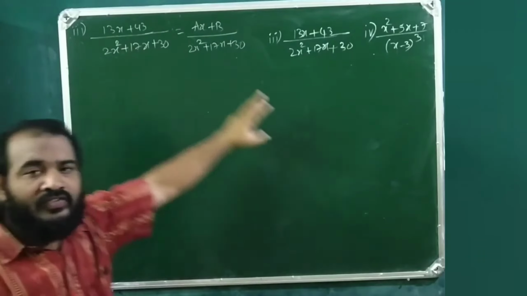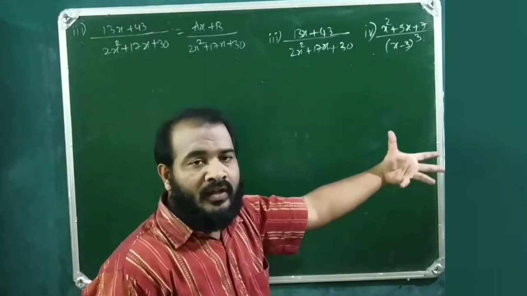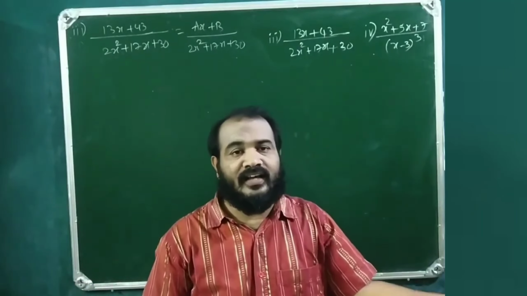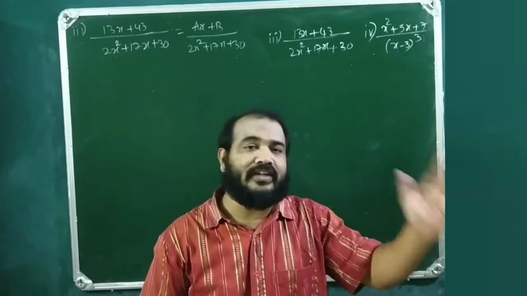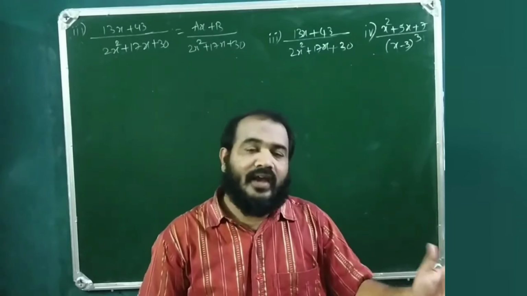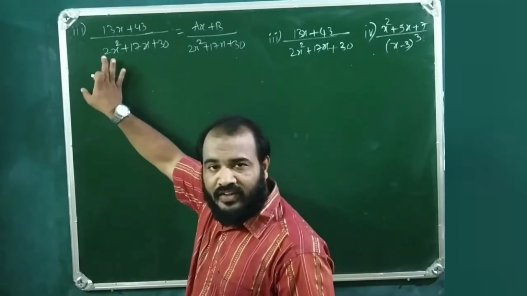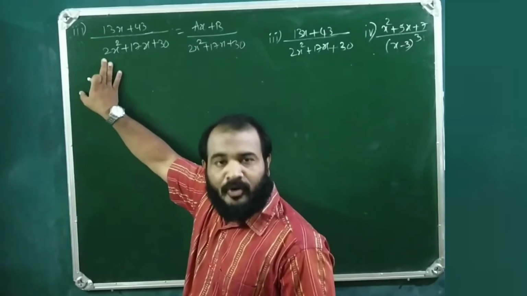So type 3 says for every non-repeated irreducible quadratic factor, there corresponds a partial fraction of the form ax plus b by ax square plus bx plus c. But here we have to see whether this is irreducible or not.